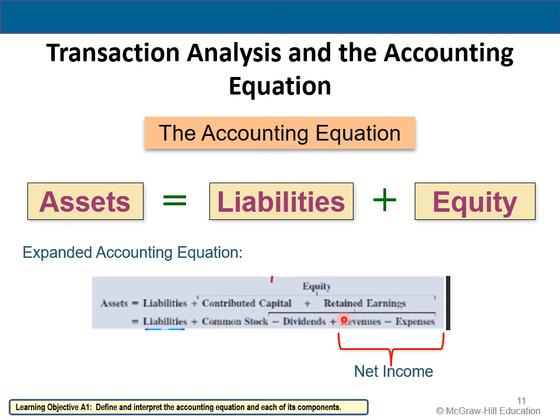We talked briefly about revenue when we discussed the revenue recognition principle. When a company has sold a good or provided a service, that's a revenue. All right. And expenses are what the company incurs in the generation of revenue.